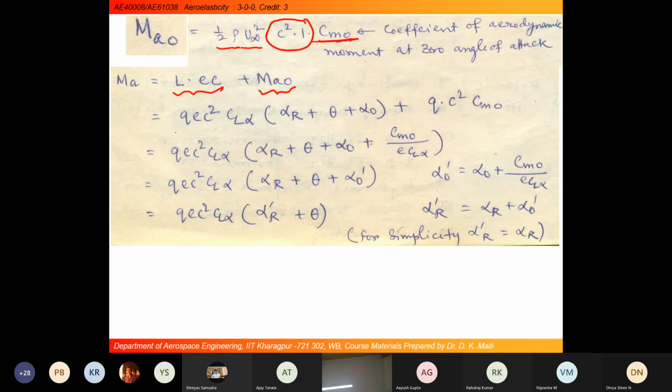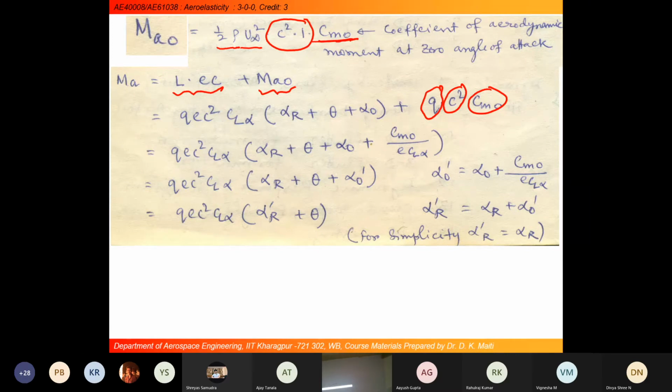So if I add these two things, it will be Q E C square CL alpha, then we have taken alpha r plus theta plus alpha naught, and then we will have Q, that half rho U infinity square is nothing but Q, so Q into C square into Cm naught. So if I now combine these two expressions together, I can have Q E C square Cl alpha, alpha r plus theta plus alpha naught, Cm naught divided by E Cl alpha.